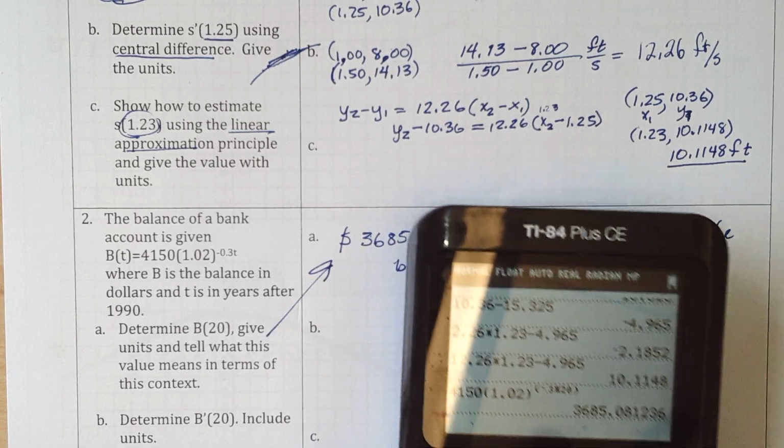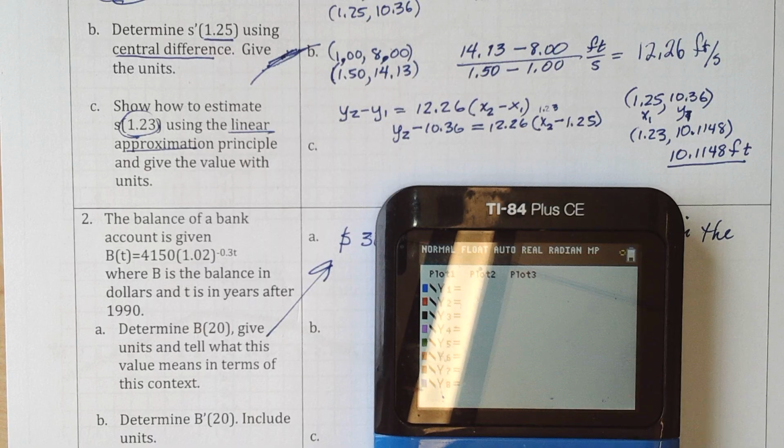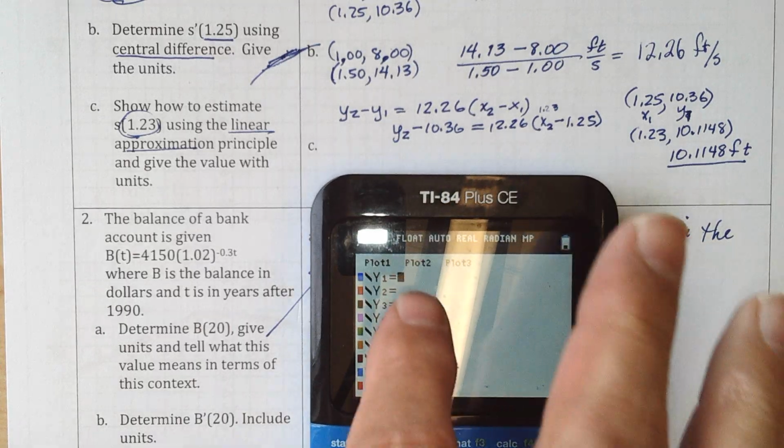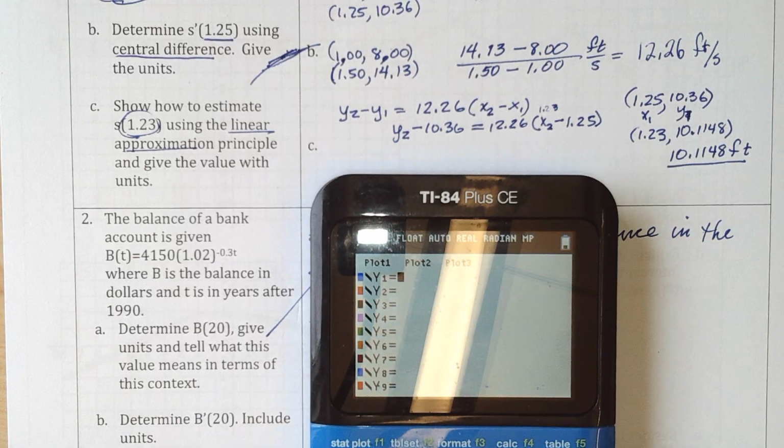Now I'm going to get it a different way. I'm just going to type the equation into y1, and I can go 4150 parentheses 1.02 close parentheses to the, and if you're doing it on a calculator that doesn't do this, again you have to put parentheses. I'll put them just so you know.